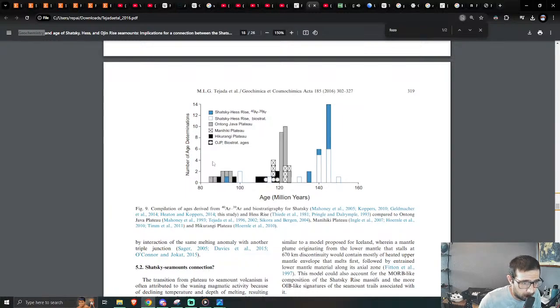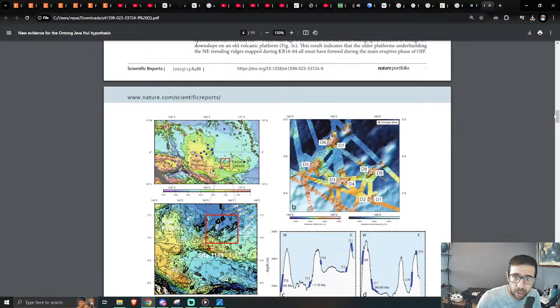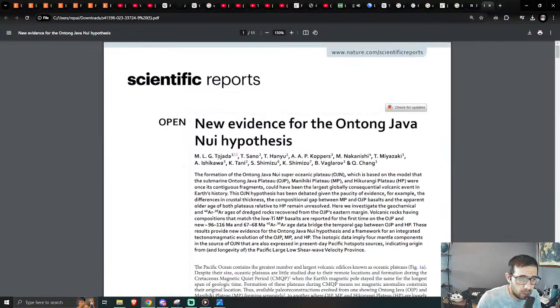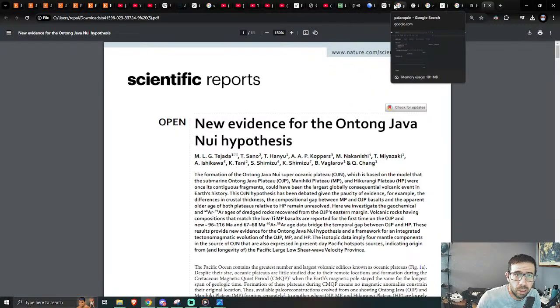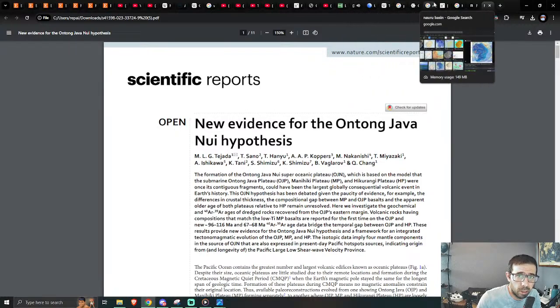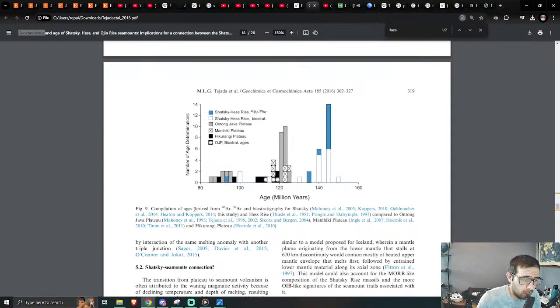Okay, so they got Ontong Java over here and here. So they are covering pretty much the data that I was just looking at pretty well. Tejada.